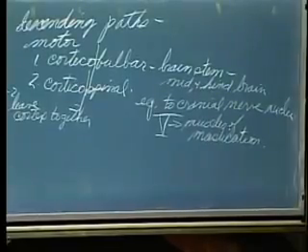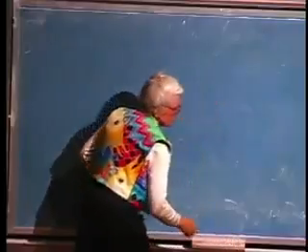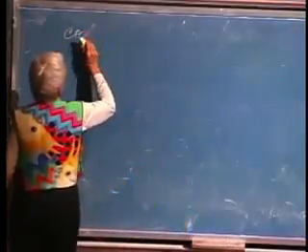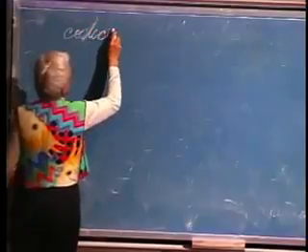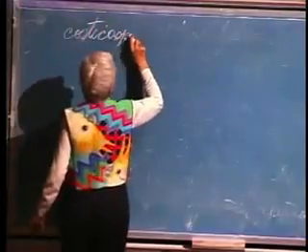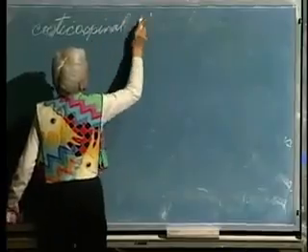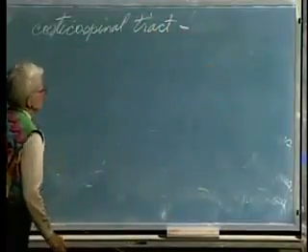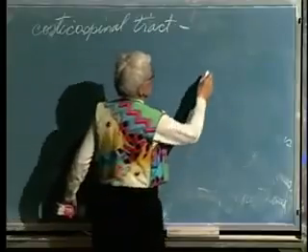Sometimes these work and sometimes they don't. So we're going to follow the cortical spinal tract. And it's going to originate in the precentral gyrus.